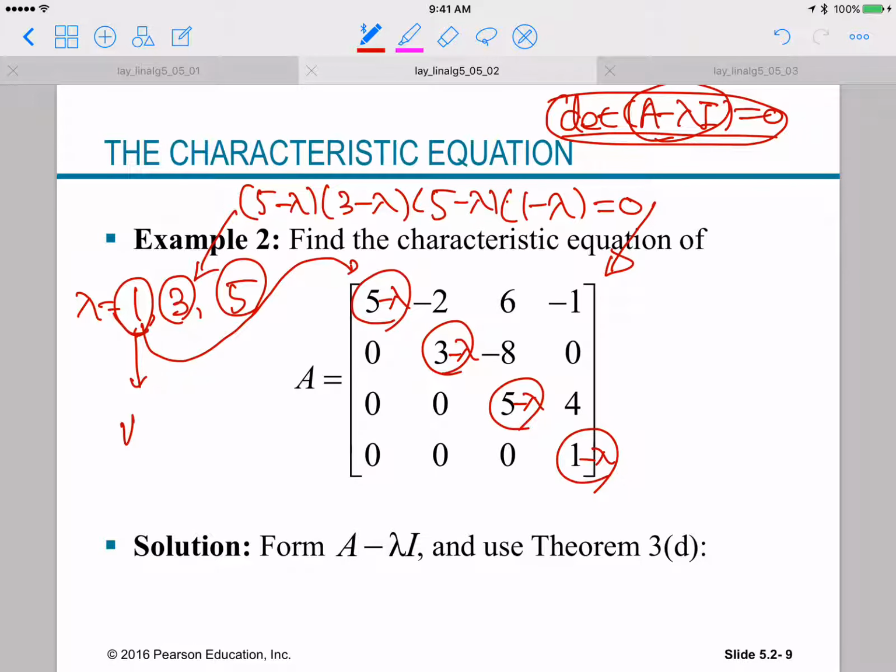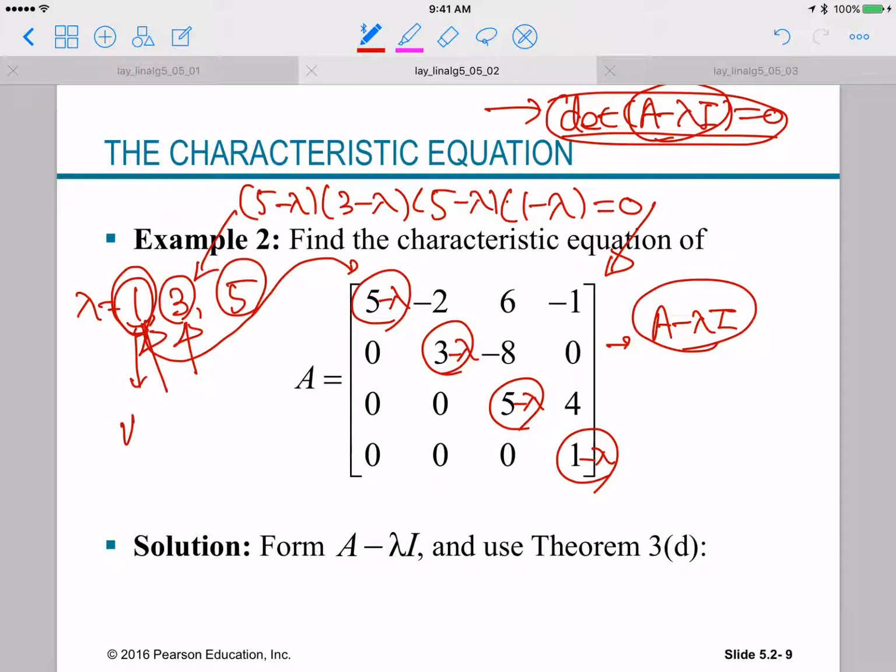For sure, if you use one of them as lambda, the resulting matrix A minus lambda I will become a singular matrix, which means you must find linearly dependent columns all the time, because these lambda values were obtained so that your matrix A minus lambda I is singular, because of this property.